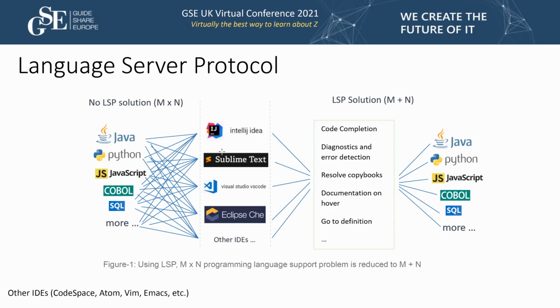Another scenario is, for example, when a new language is created during university, where some students cooperate with professors and make a really good programming language, but they lack tooling support.